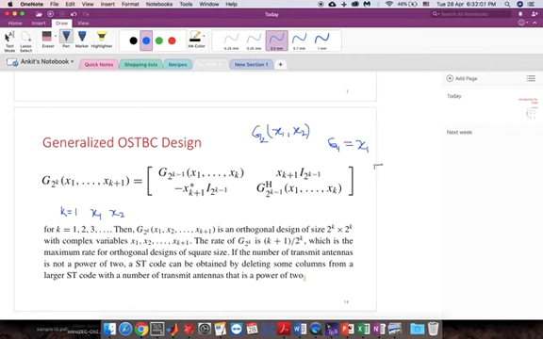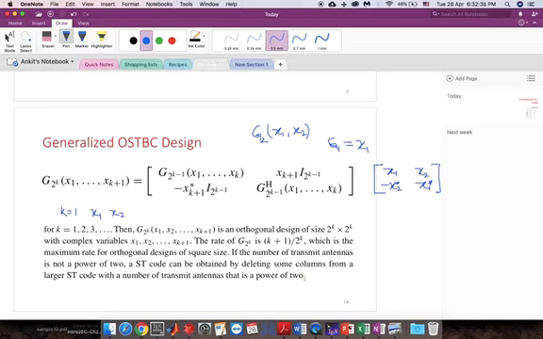So it will look like this matrix: x1, x2, minus x2 conjugate, and here it would be x1 conjugate again, due to the Hermitian.